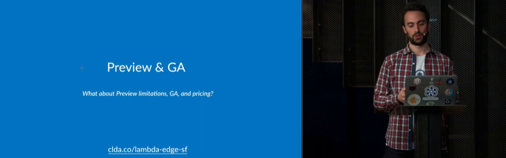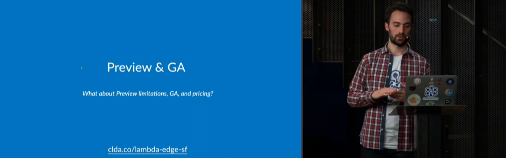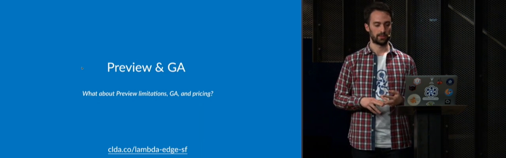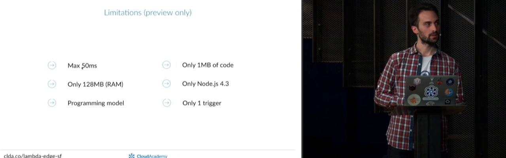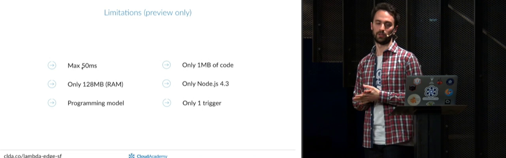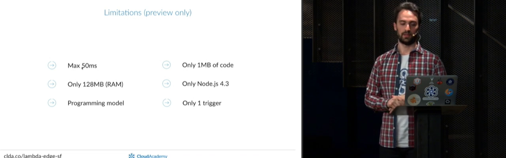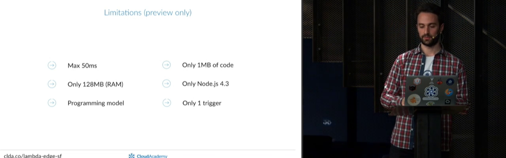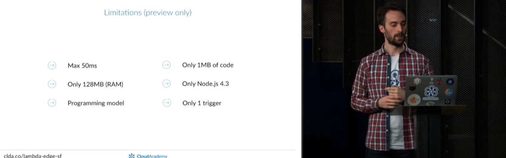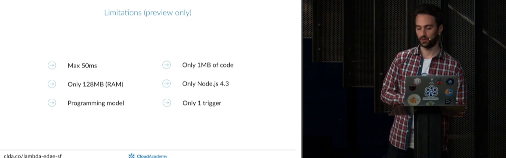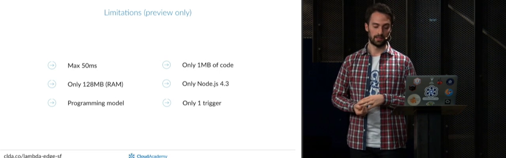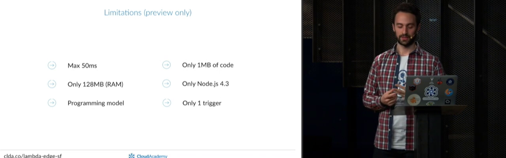So what can you do now during preview, what's going to happen with general availability, and what about pricing? Let's see. These limitations are here only during the preview phase, and I know that for sure. The biggest one, I think, is first of all, only Node.js. I mean, I'm a Python developer, sorry.